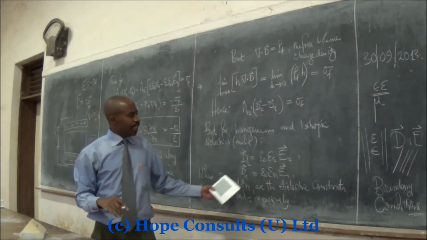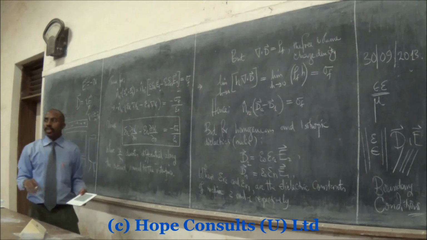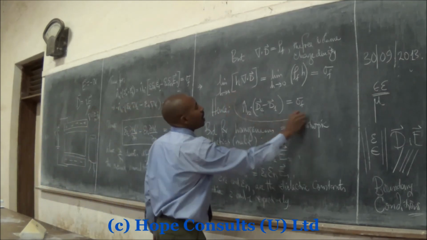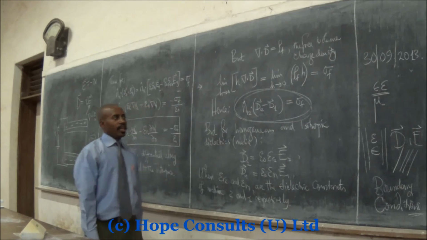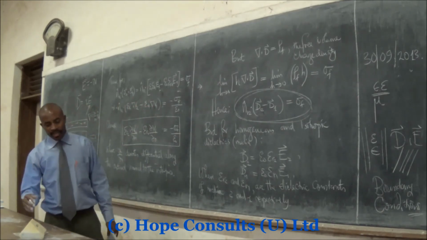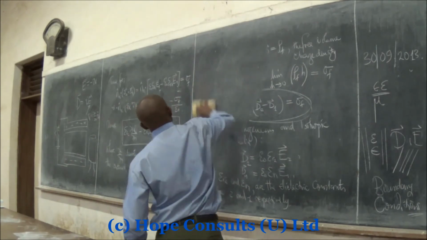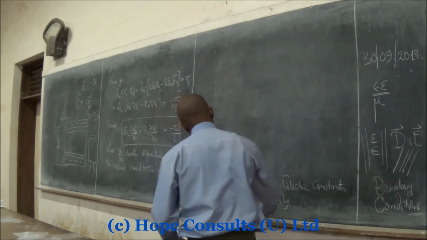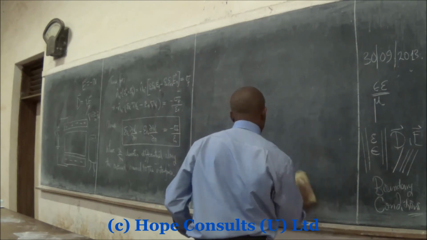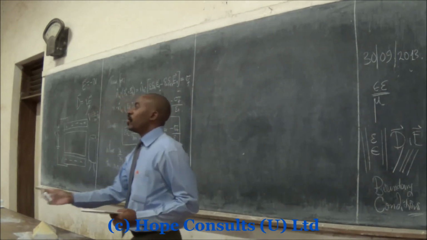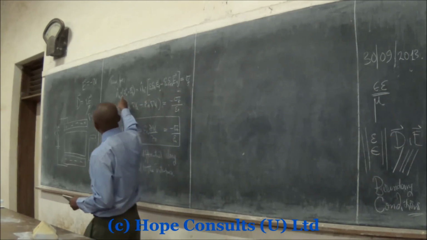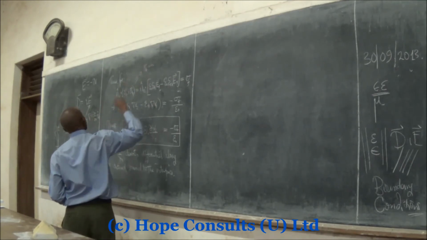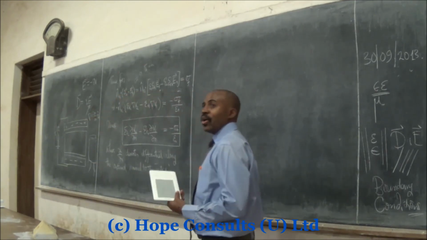So tomorrow we shall be able to look at the relationship, or the boundary condition, for the tangential component of E. This was a normal component, and as you can see, if we do not have any free charge at the interface, then D2 minus D1 dotted with n12 will be equal to 0, if rho f is equal to 0, and we will say that it is continuous.